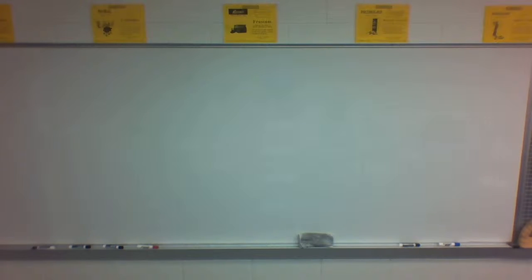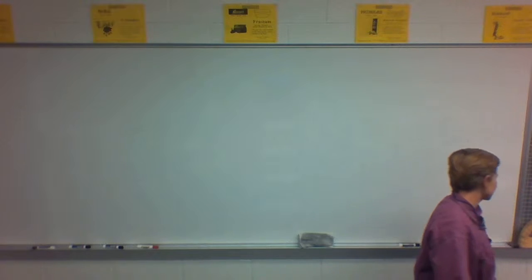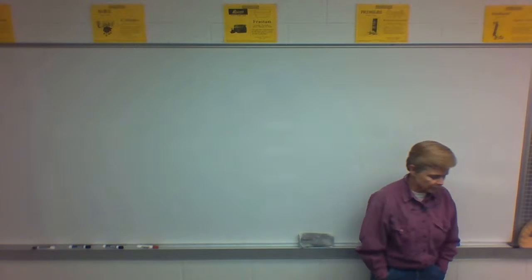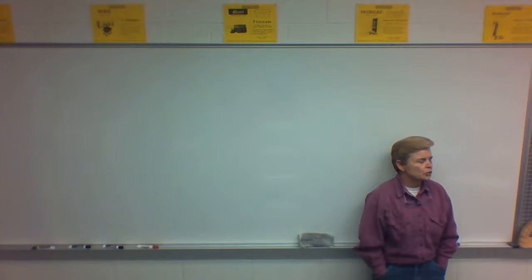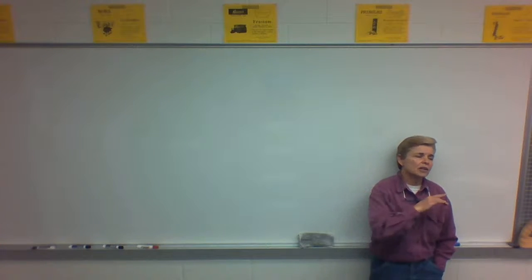Just try to listen for a minute, and if what I say doesn't make sense, I'll demonstrate one for you on the board. So just try to hear me, so I don't have to put something up here. First derivative test says that if you find the first derivative, then you find where that derivative is equal to 0 and also where it's undefined. Right? We've practiced that in section 4.2. Then you put those points on a number line.